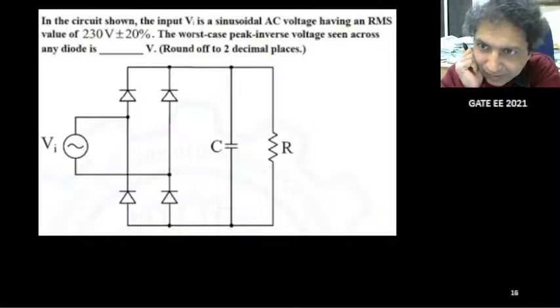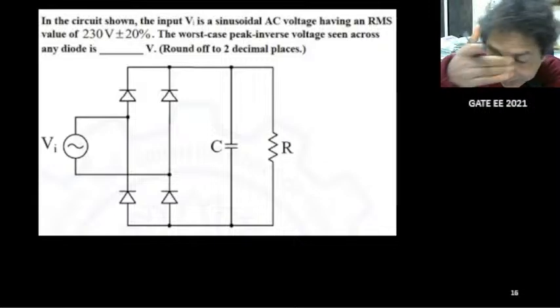The circuit, here we are having 4 diodes and 1 capacitor and resistors. What is the circuit?